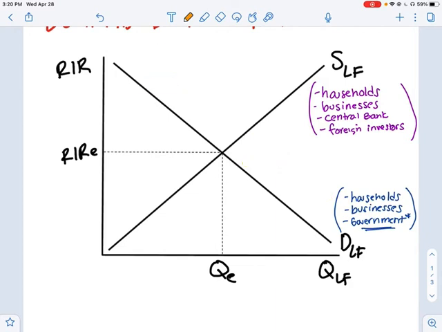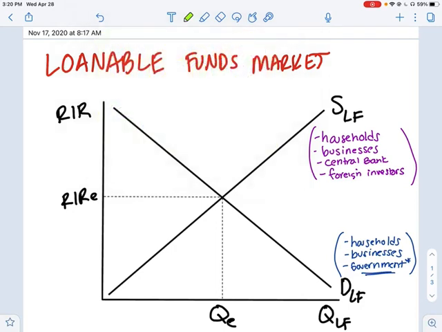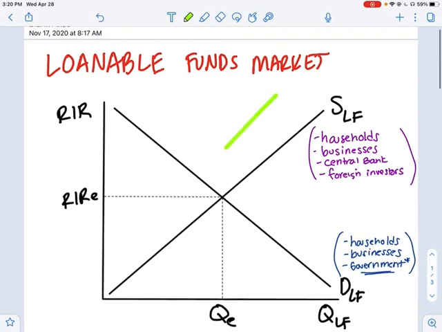I think it's probably obvious that you also could see decreases in the supply of loanable funds. If households are putting less money in banks, if businesses are putting less money in banks, if the central bank is selling bonds and taking money out of banks, if foreign investors are pulling their money out of banks, then you're going to see the supply of loanable funds shift to the left, and that's going to increase interest rates.